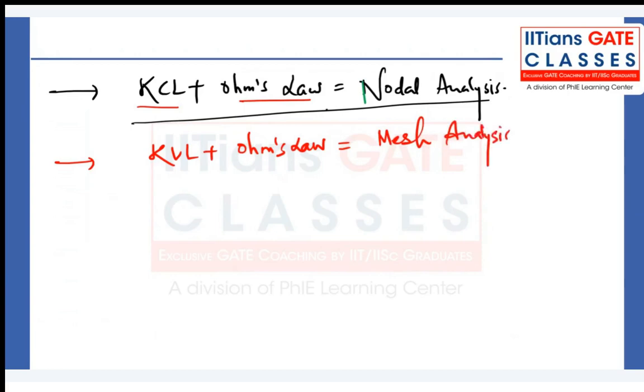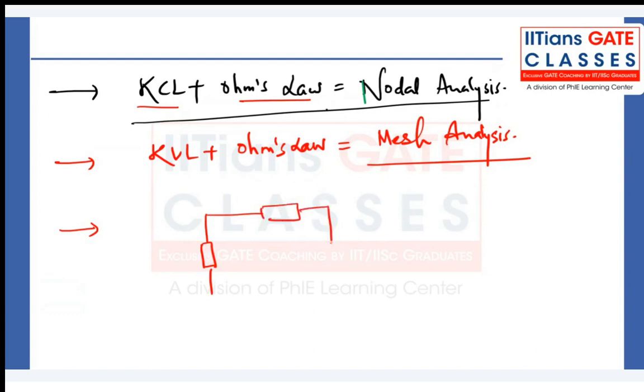You might be familiar with what a loop is and what a mesh is, but I can also give you a summary. Suppose we have these elements, which can be anything.